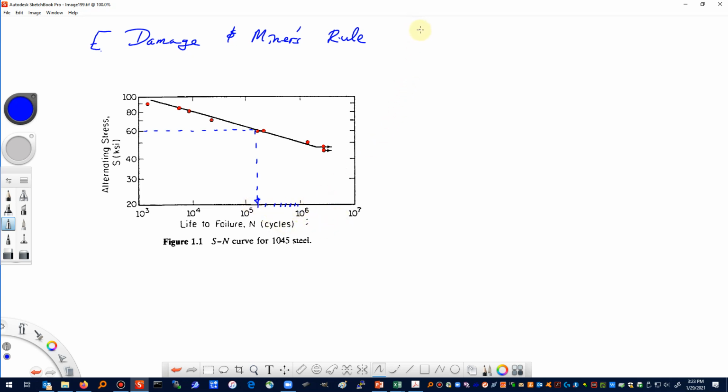So let me write this here. The amplitude of 60 KSI, remember for a rotating bending test that's plus and minus 60 KSI, corresponds to a number of cycles to failure of, I'm estimating it to be 2 times 10 to the 5th cycles.